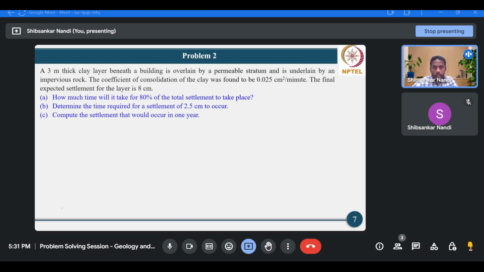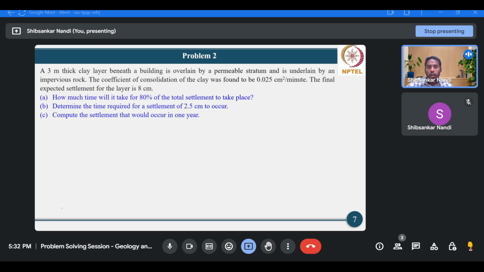This is a very similar kind of problem to problem 1, except for the calculation of the coefficient of consolidation. Earlier in problem 1, we had to calculate the coefficient of consolidation based on the odometer data.